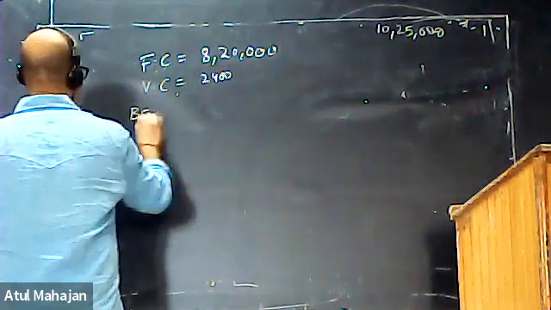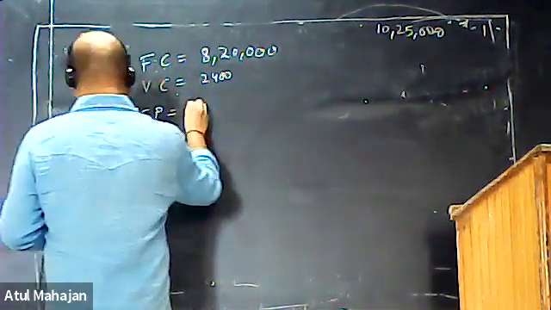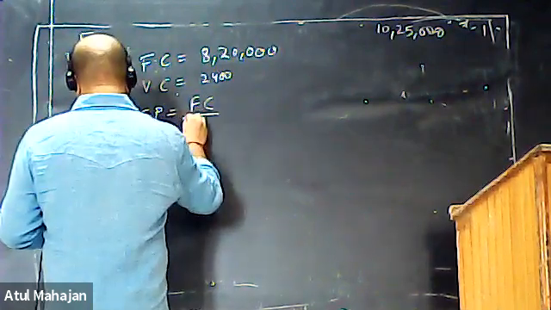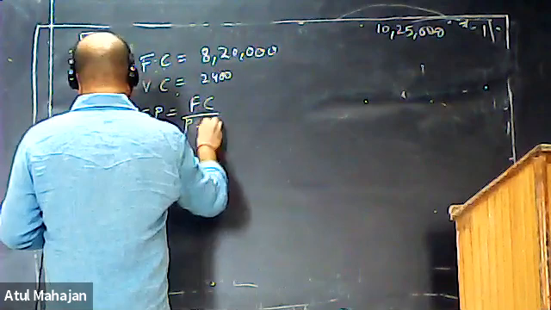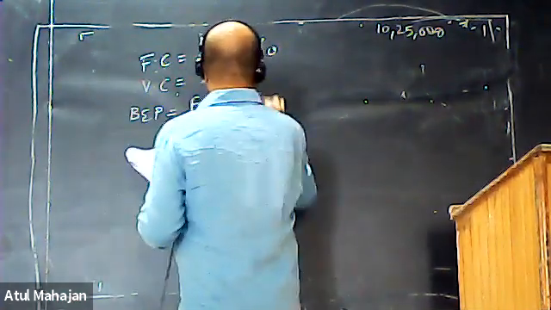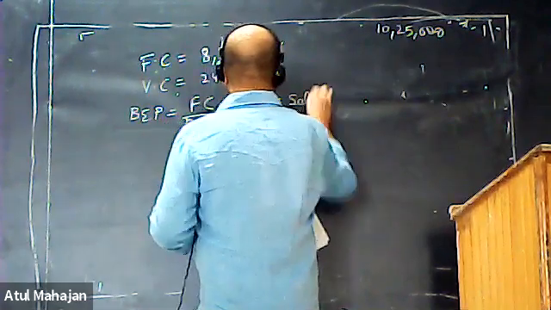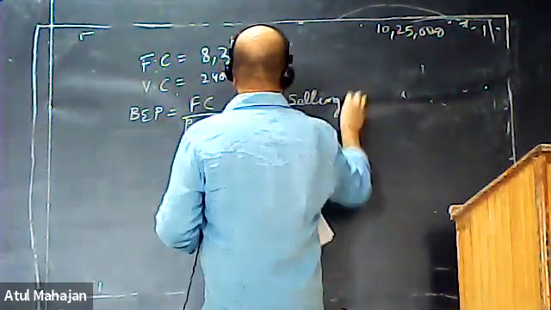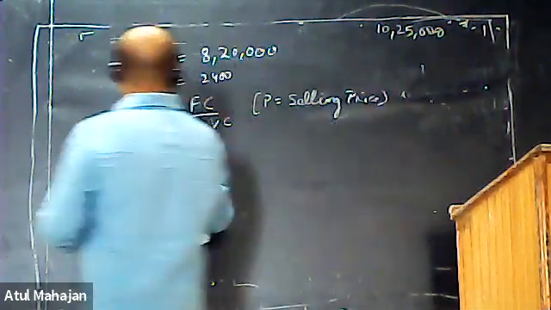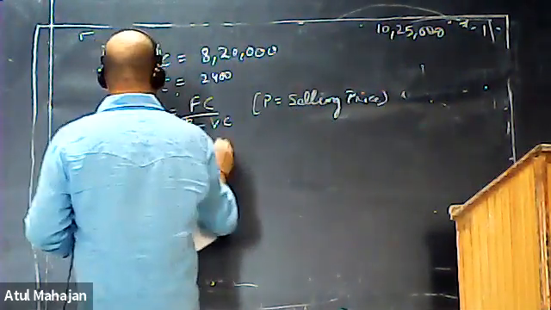The break-even point is given by fixed cost divided by P minus variable cost, where P is your selling price. The fixed cost is 8 lakh 20,000.